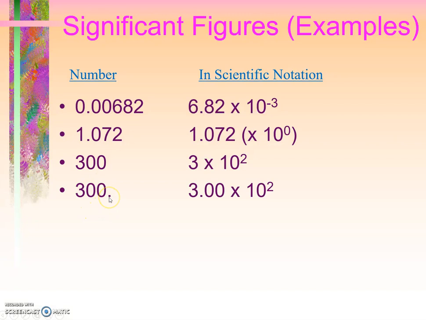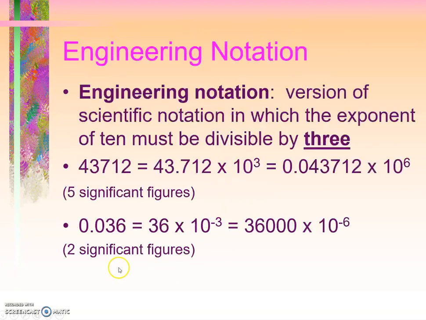Now, if there was a decimal point in the original number, now we have to include all 3 as significant digits, so it becomes 3.00 times 10 to the 2. And then 300.0, all 4 are significant, so we have to bring all 4 digits in, 3.000 times 10 to the 2.